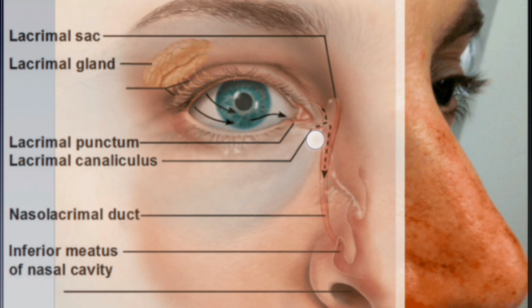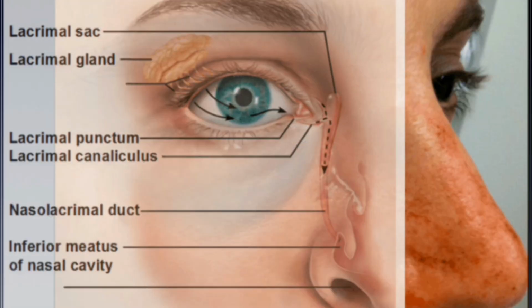Here there are small canals, the canaliculi. These puncta are present in the lower eyelid as well as the upper eyelid, and the canaliculi are also present on the upper and lower part. Then we have the nasolacrimal duct, and finally the inferior meatus or the nasal cavity where the tears are drained, right?